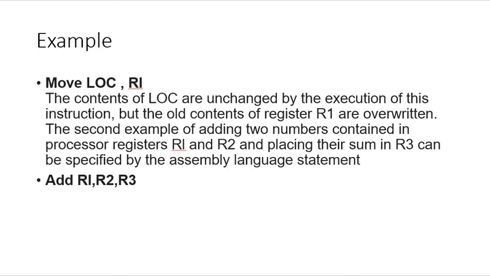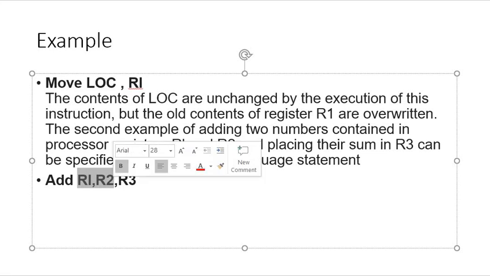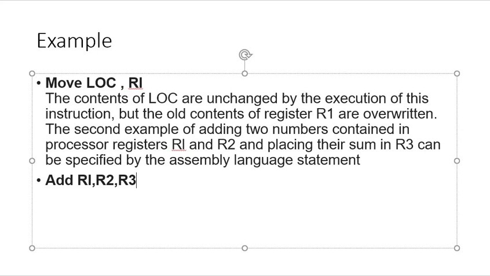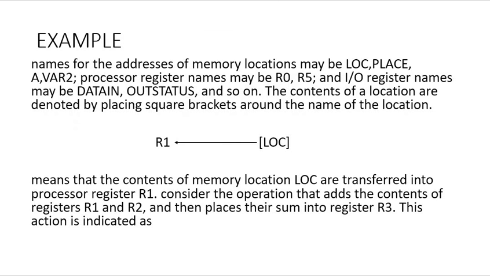For example, we can use Move LOC, R1, which means the contents of LOC are moved to R1. In the same way, we can do Add R1, R2, R3, which means the contents of R1 and R2 are added and stored into R3. These are the two types of notations we use for writing instructions.